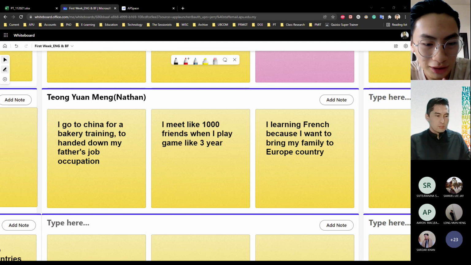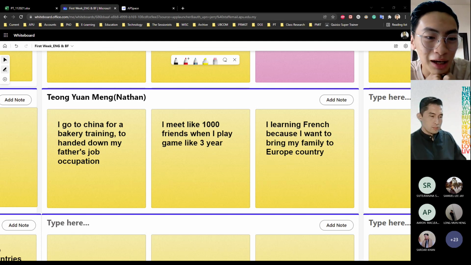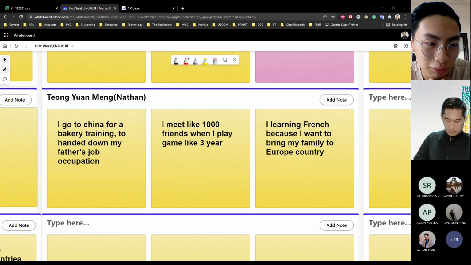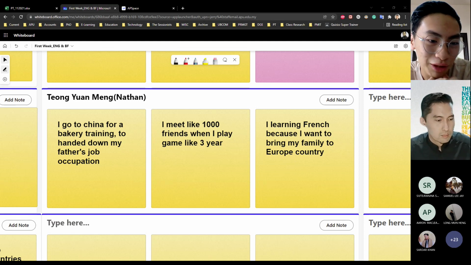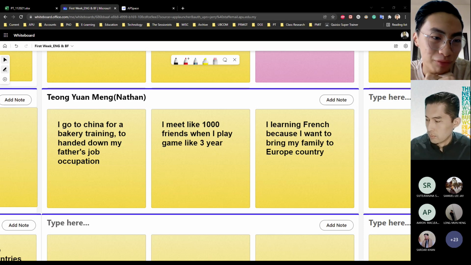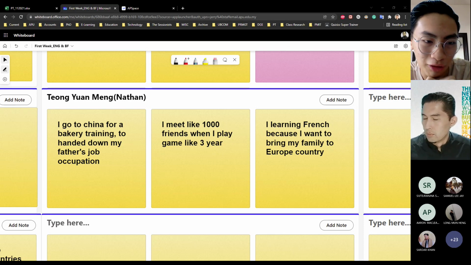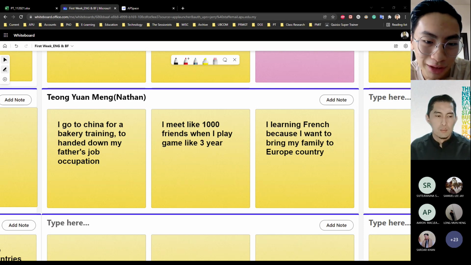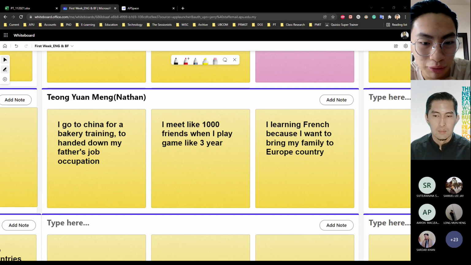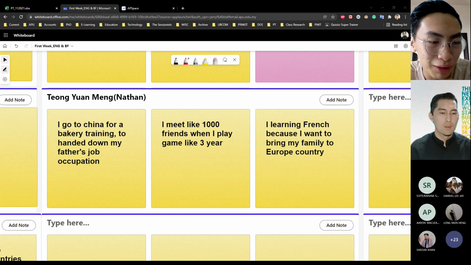The second one is I met more than 1,000 friends when I played a game for 3 years, an online game, a phone game. The third one is that I'm learning French because I want to bring my family to a European country. Yeah, these are my 3 points.